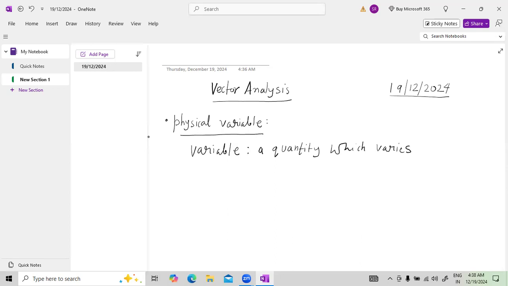It may vary over space of some region or over some time. So a variable means a quantity which varies basically. That means a quantity which changes.